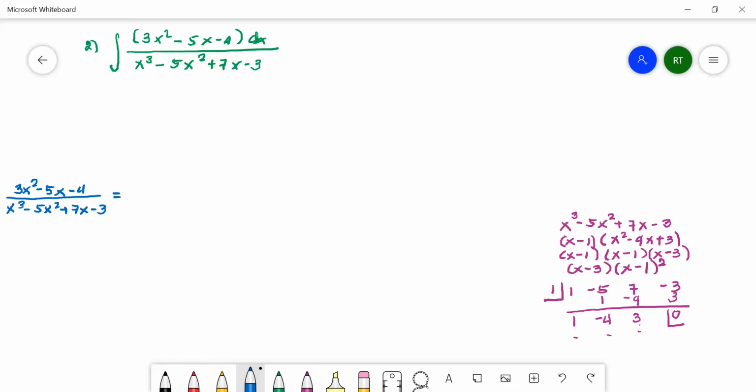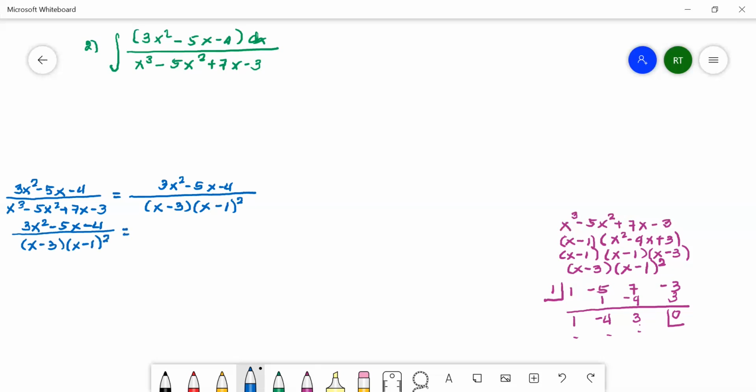And we can express the denominator in factored form: 3x squared minus 5x minus 4 over x minus 3 times x minus 1 raised to the second power. Now if we decompose the rational function into a sum of partial fractions, we have 3x squared minus 5x minus 4 over x minus 3 times x minus 1 raised to the second power.